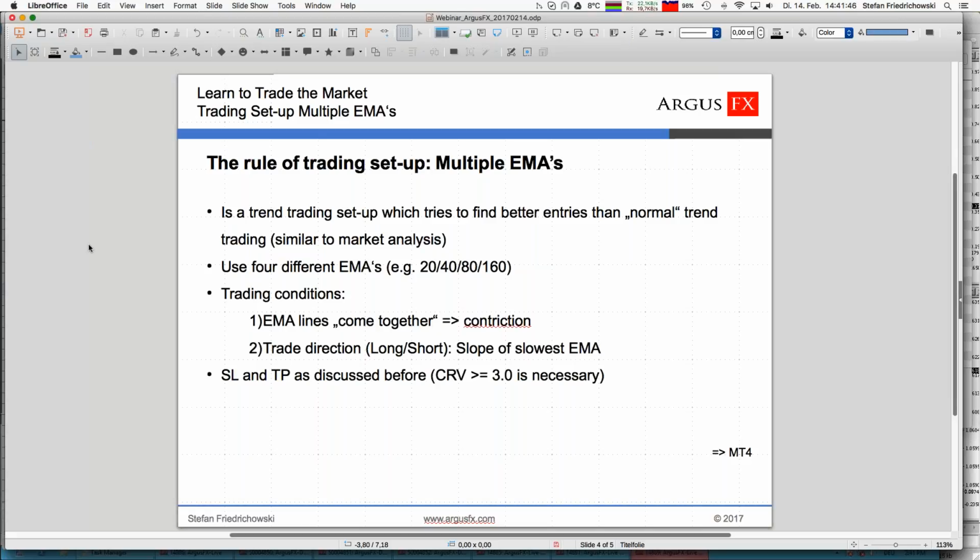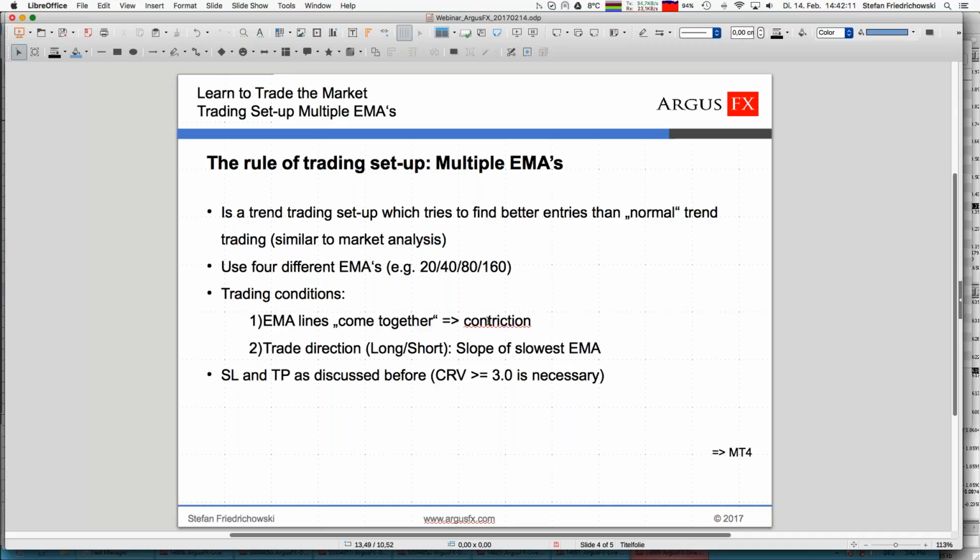And the trading setup is simply the following. So we have trading conditions for that approach. What we want to see is that those 4 EMA lines in the chart come together, or more mathematically, that they constrict.